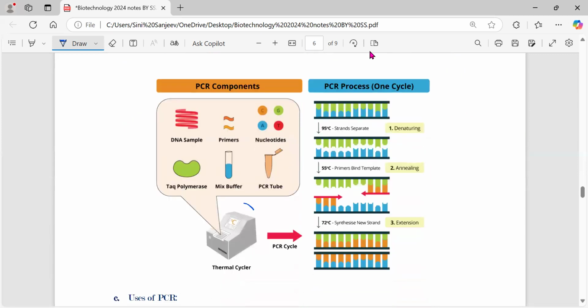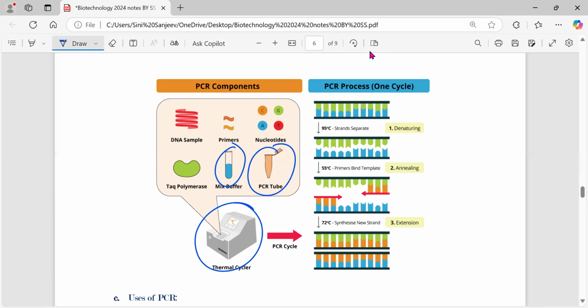If you see over here, this is a machine, also called a thermal cycler. In this you carry out the polymerase chain reaction. You take all the required samples and put them in the PCR tube. In that you take the DNA sample, primers, nucleotides, the polymerase, whatever you require.